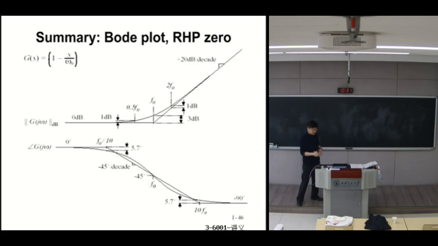You can see the upper picture shows the right half plane zero magnitude Bode plot, and the lower part is the phase angle of a right half plane zero.